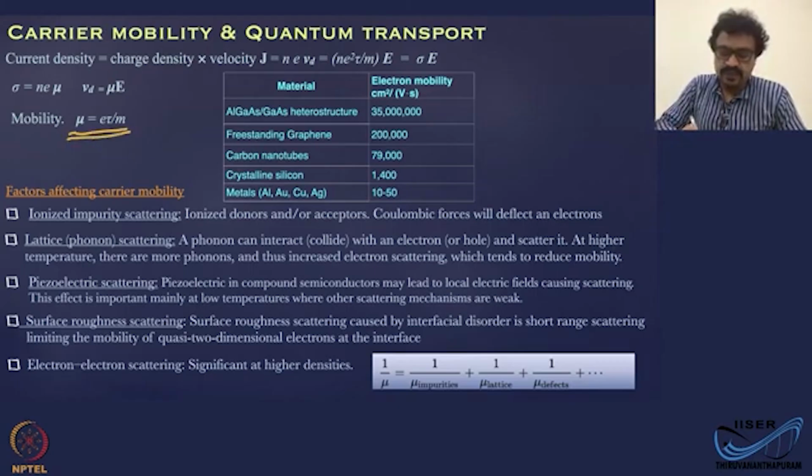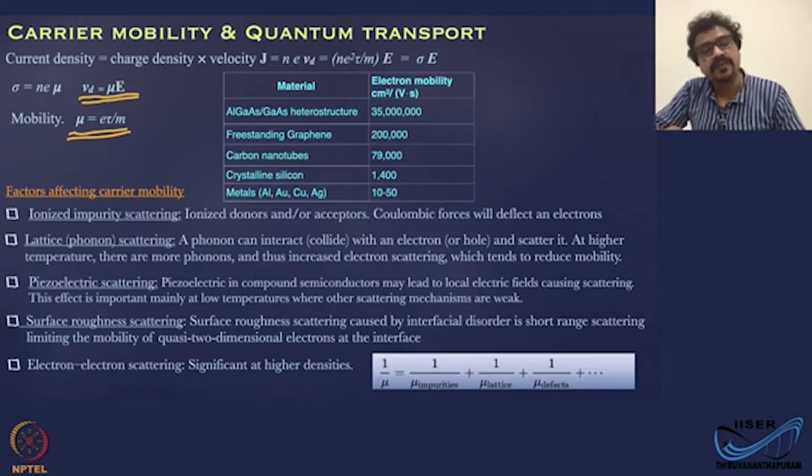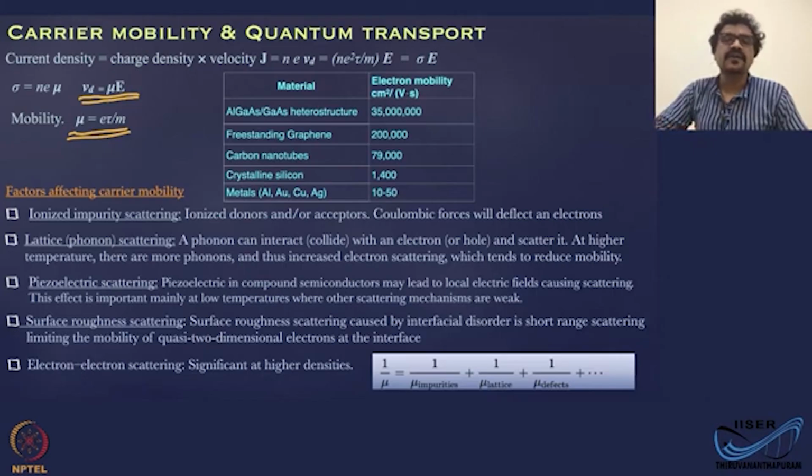Mu is the mobility. And this mobility is nothing but the proportionality constant between the average velocity the charge carriers acquire under the application of an electric field E. So mobility relates the terminal velocity that the charge carriers such as electrons or holes acquire under the application of an electric field.